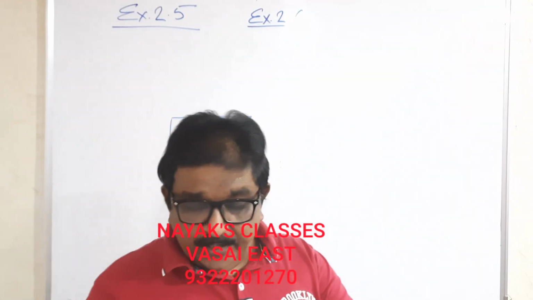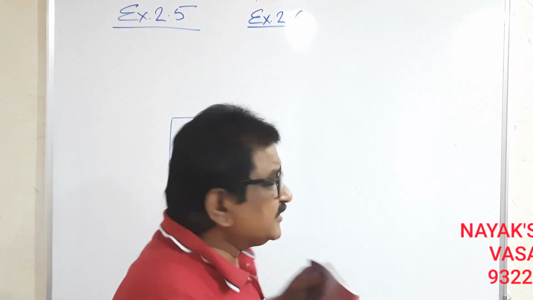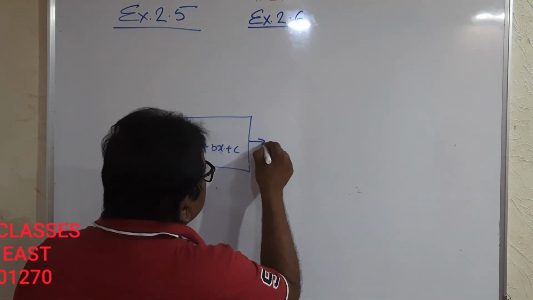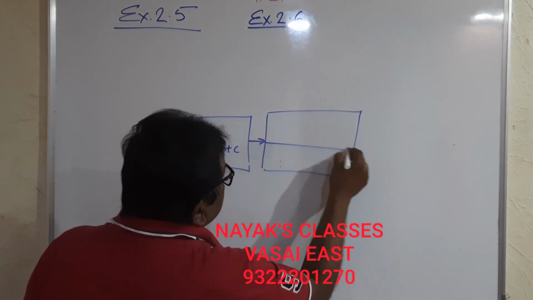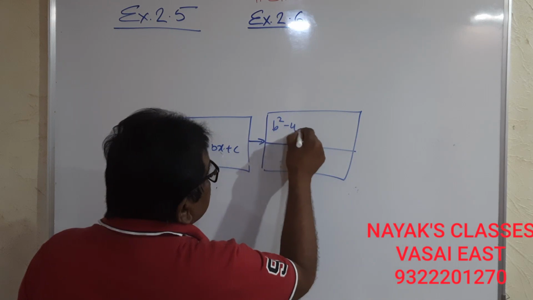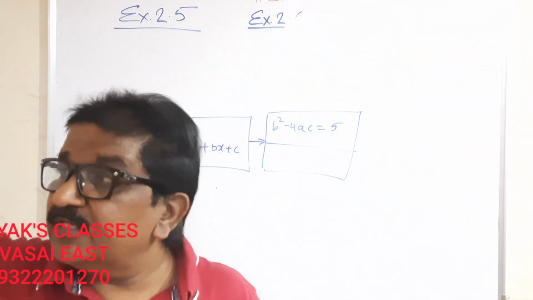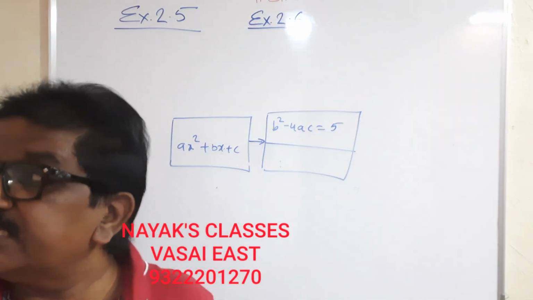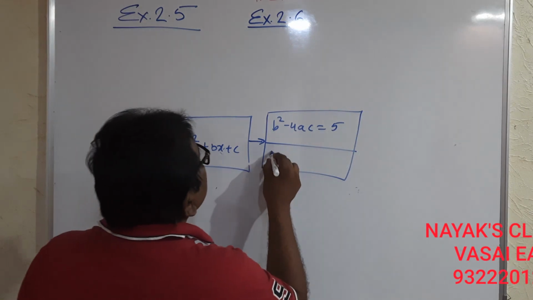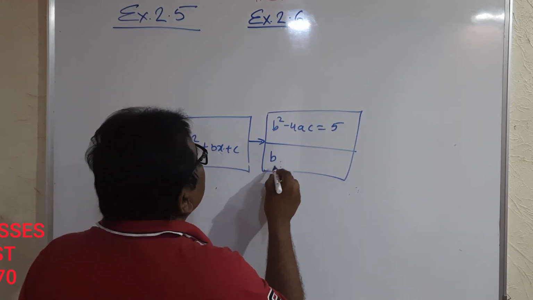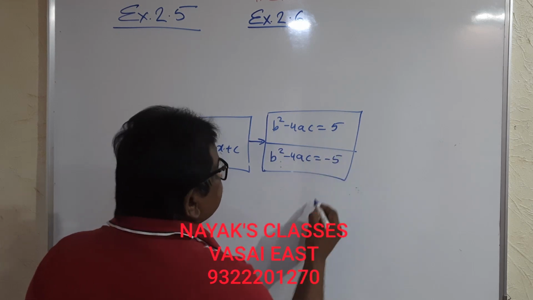First, a quadratic equation ax square plus bx plus c is given, and values are given. The first value of b square minus 4ac is positive. In the second row, they have given b square minus 4ac is negative.